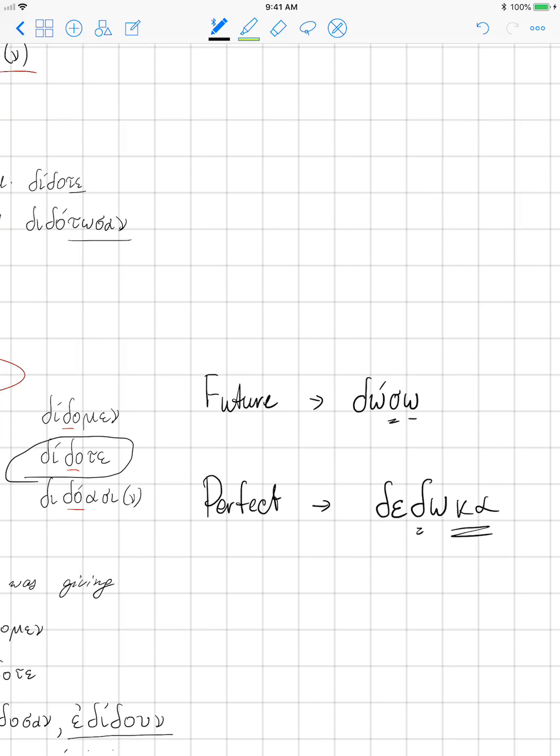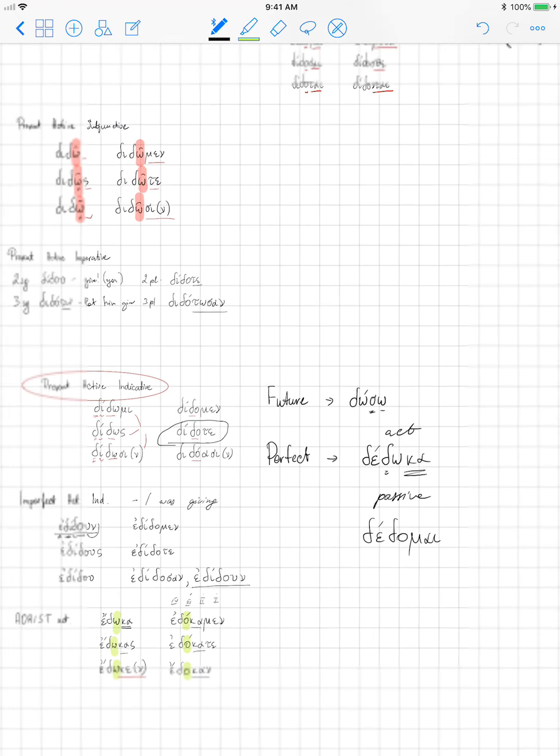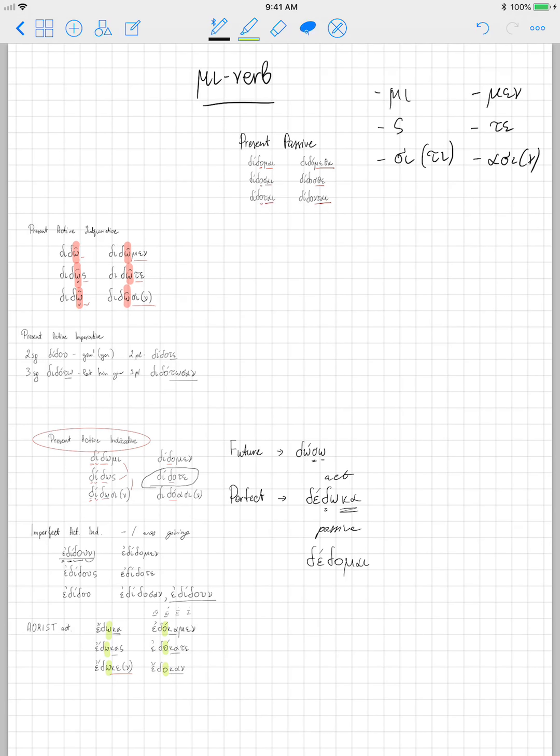It's for active. And the passive is de, do, mi. Cool. I guess that's it. It wasn't really all that hard, was it?